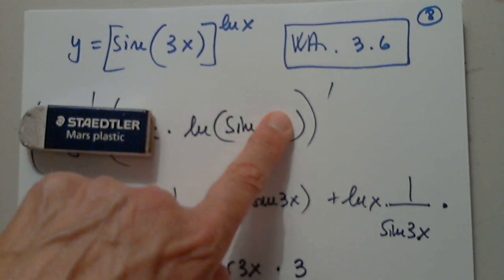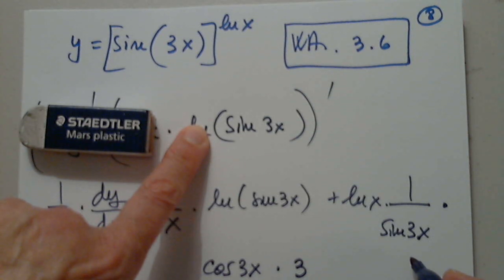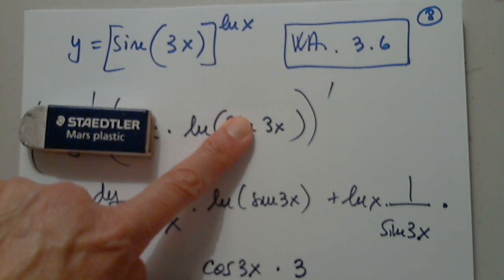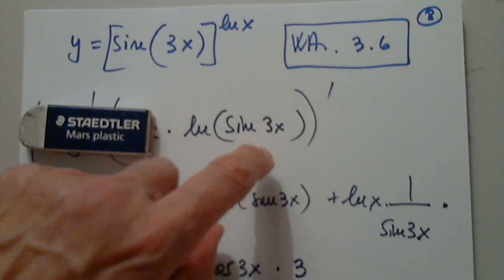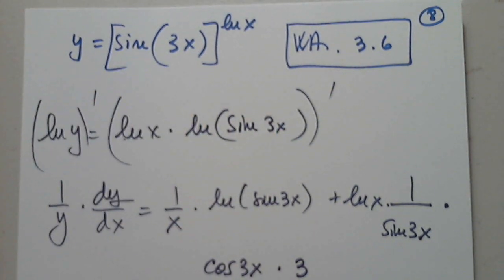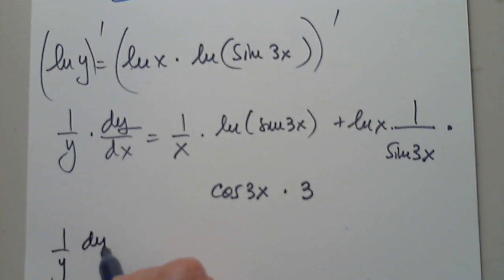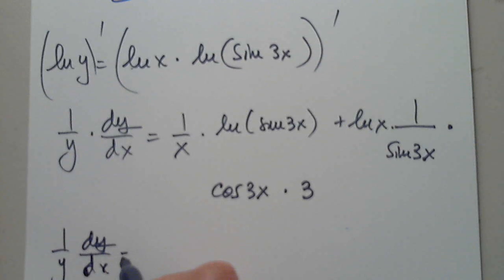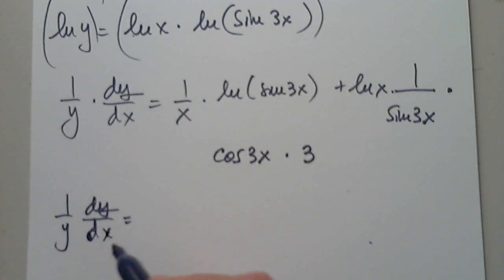Function, function, function. I differentiated this as 1 over sine 3x. I differentiated this and get cosine 3x. I differentiate this and I have 3. Okay, now I have 1 over y dy over dx equals. I want to condense it before I multiply by y.